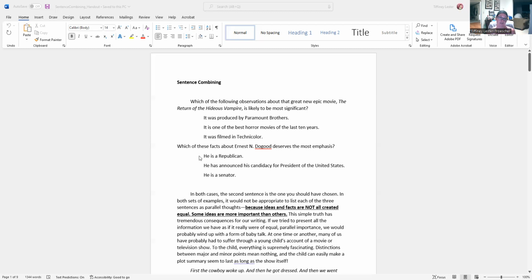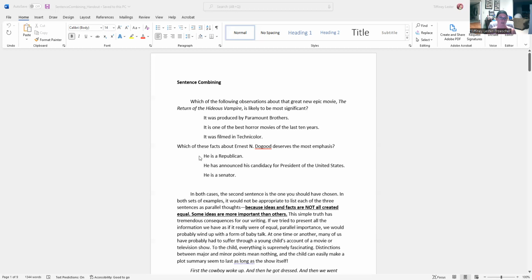And one way we can do that is through sentence combining. And the whole reason that we end with this lesson is because you really need that foundation, especially with sentence fragments and run-on sentences and comma splices, in order to do sentence combining correctly.